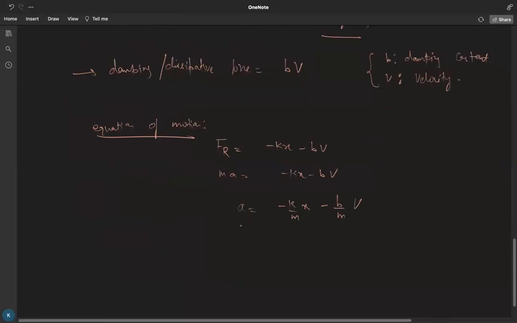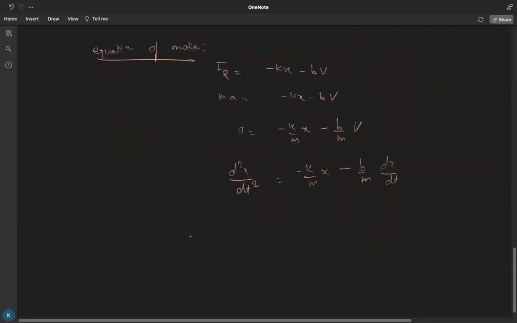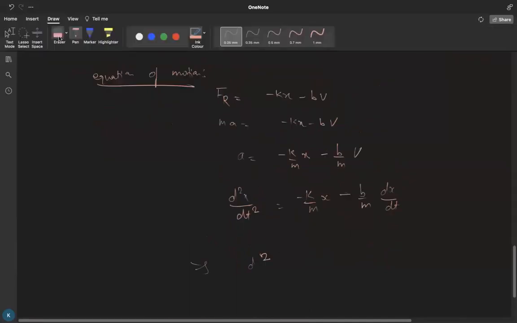And we can also write a as d square x by dt square is equal to minus k by m into x minus b by m, and we can write velocity as dx by dt. Let me write it in a clear way here.